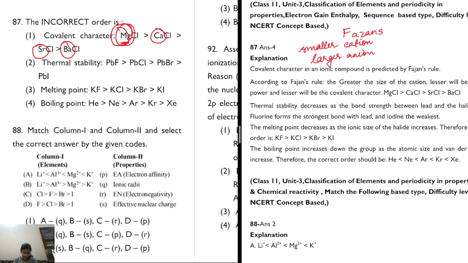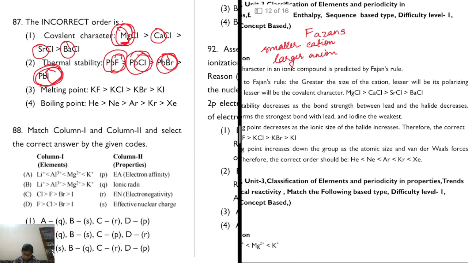So this is correct. Thermal stability: this is also correct. Why? A larger anion means larger covalent character and lesser ionic character. Thermal stability will also decrease as the bond strength between the lead and the halide ion changes.